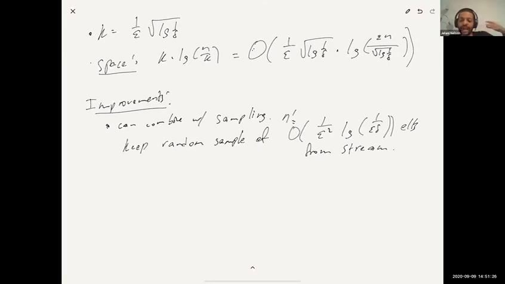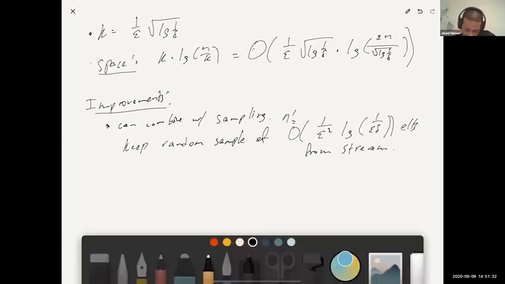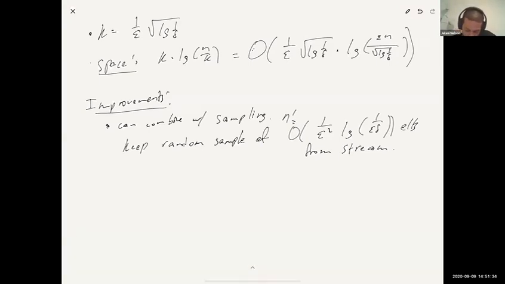And then you feed this sample into the data structure I just showed you. The point is that n is now smaller, n is now n prime. In particular, that n is something like roughly poly 1 over epsilon log 1 over delta.